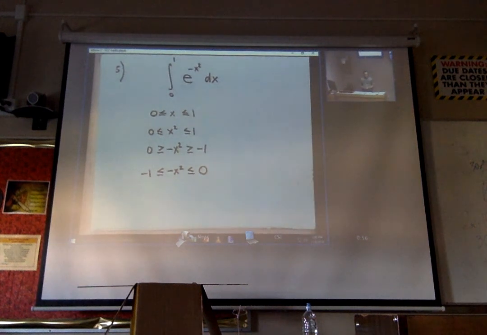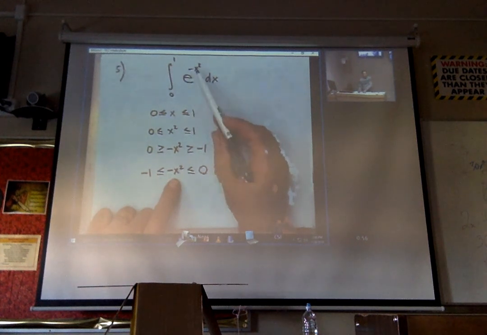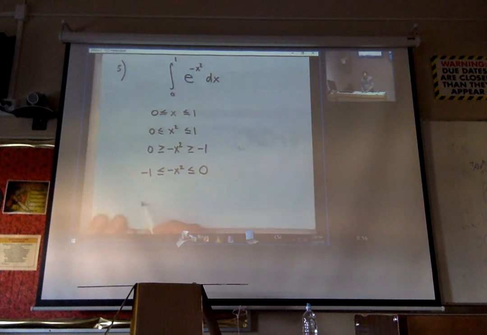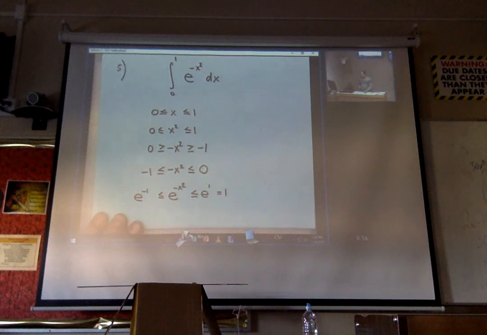Well, almost there. What do I have? I have negative x squared, right? But what do I have? e to that. So what do you do? You apply e to each piece. So you have e to negative 1, you have e to negative x squared, and you have e to 0, right, which is what? 1. I'll put equals 1, okay, like this.